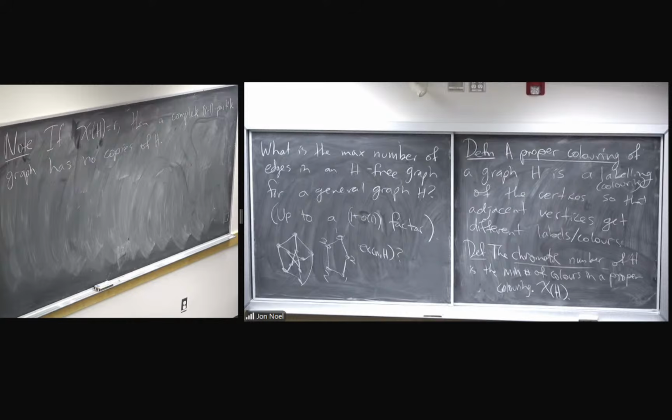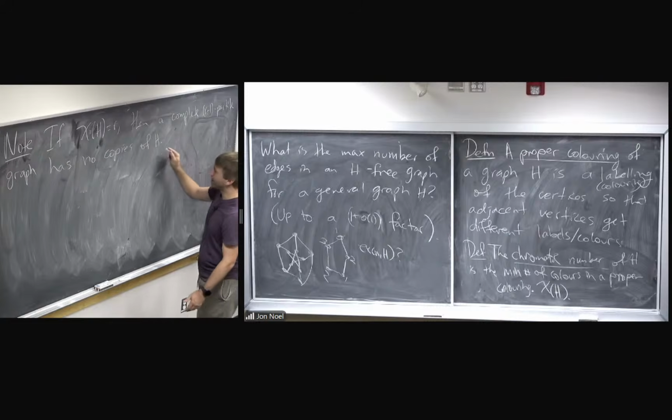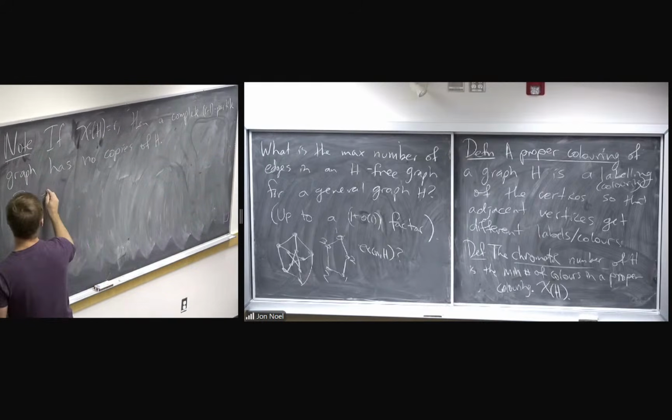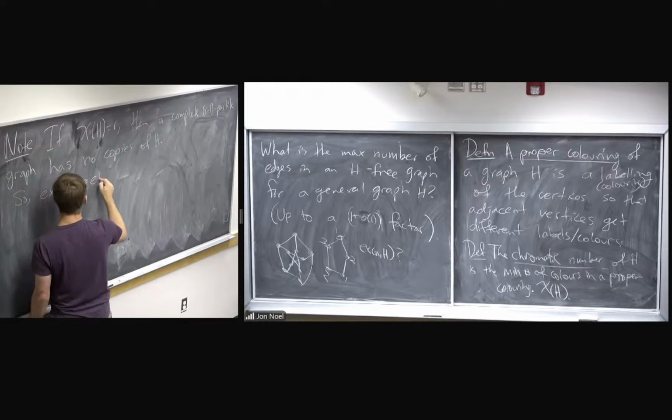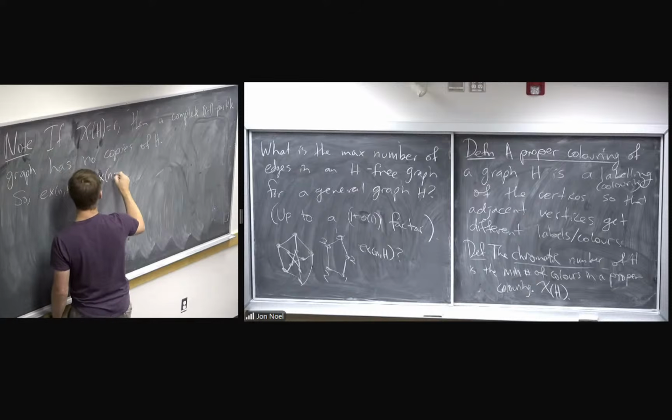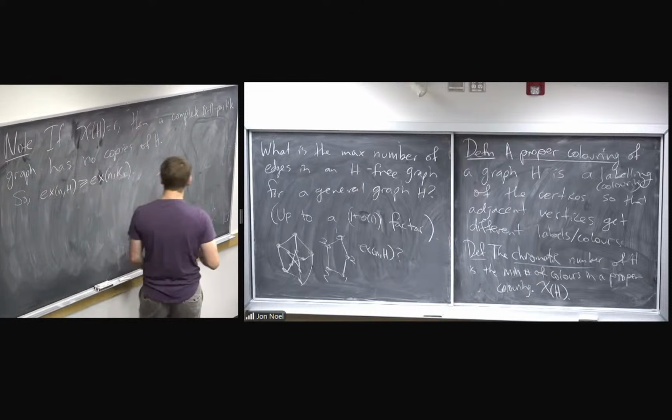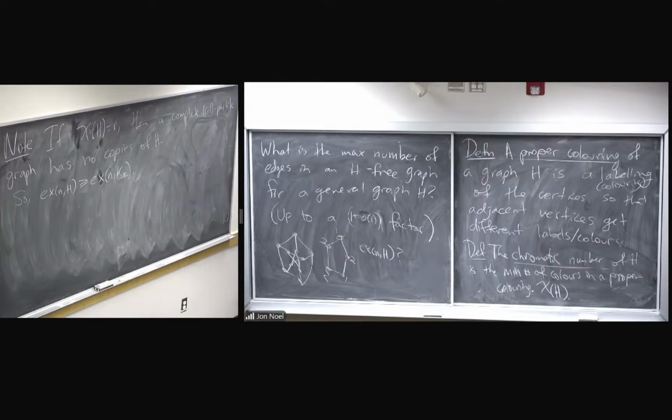So it can't have a copy of H. This in particular implies that the extremal number of H is at least the extremal number of K_r if H has chromatic number r, because we take the same construction we did before. It'd be really nice if this was just equal or something. It's not, but it's sort of roughly equal.